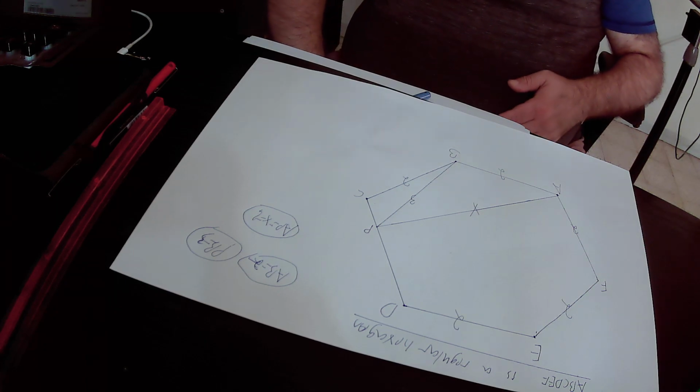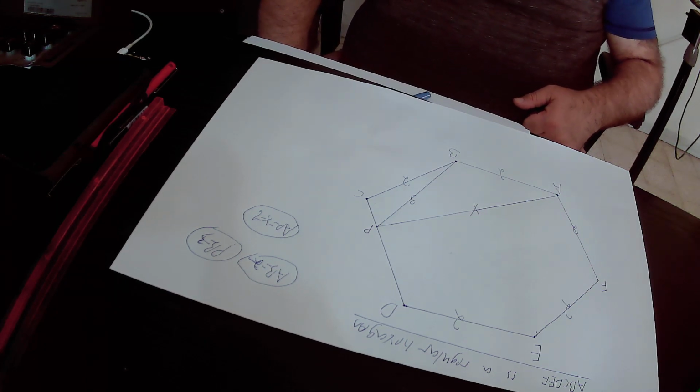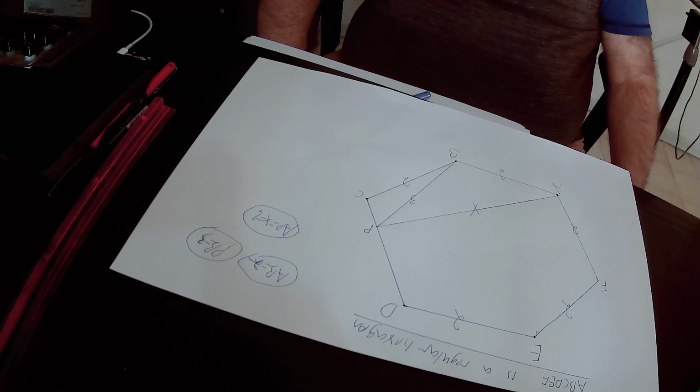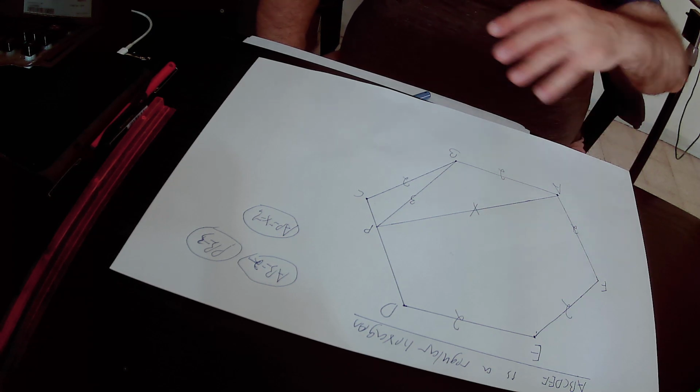First of all, we will find out what the sum of the angles in a regular hexagon is.